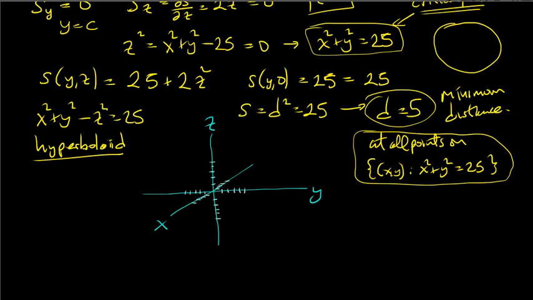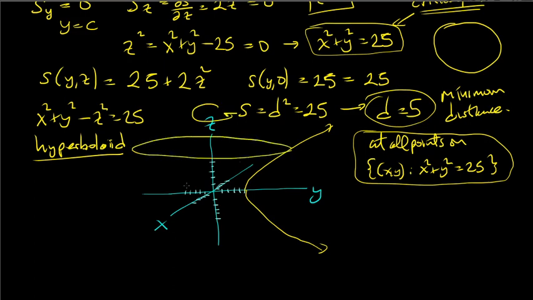Okay. So the hyperboloid will look something like this. It's in fact just a surface of revolution. So take this hyperbola and then revolve it around the z-axis here. So it'll look like this. Right. And then we'll have this piece of it over here.